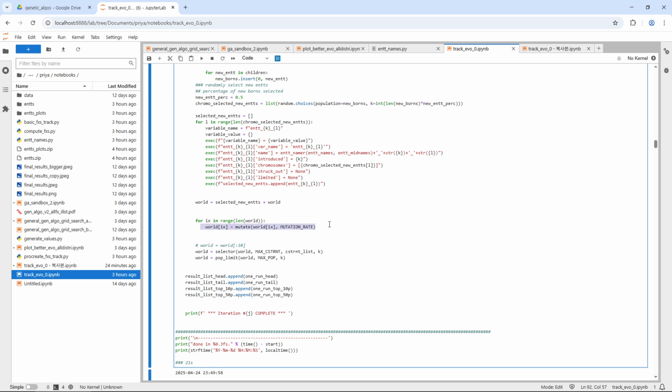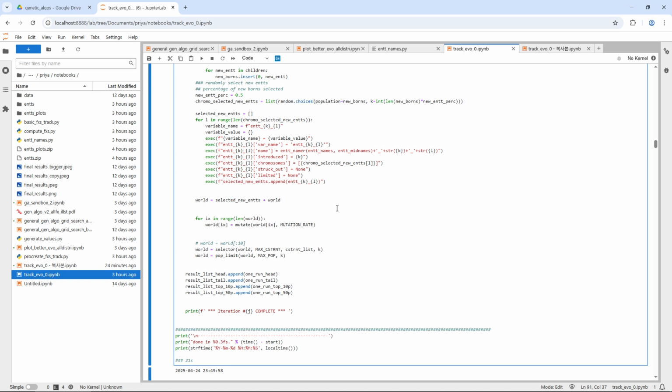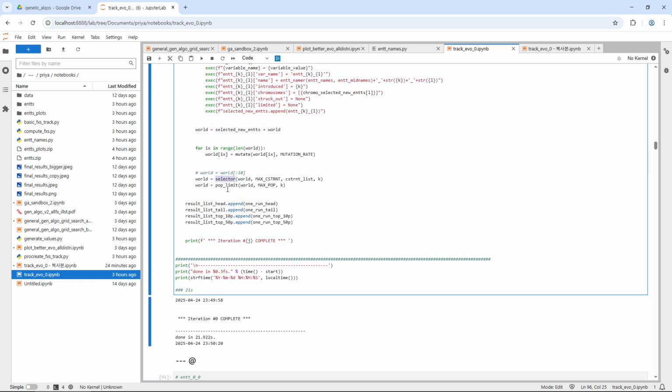Every entity in the world has to mutate. Then it goes through the selector, it goes to the population limit, and this population limit function has been added because every time I apply the selector or the population limiter, the ones that get selected or limited out have to be saved as a JSON file.